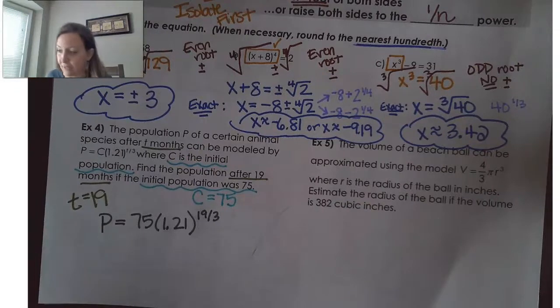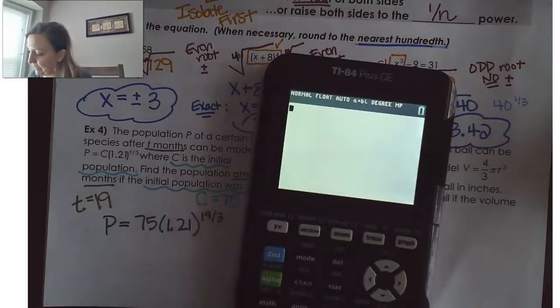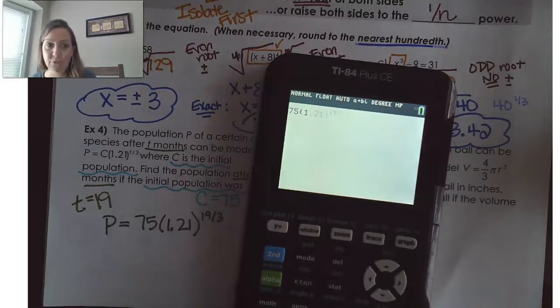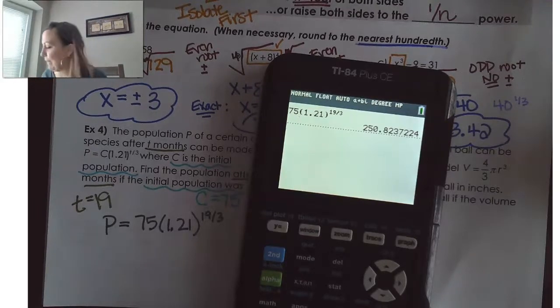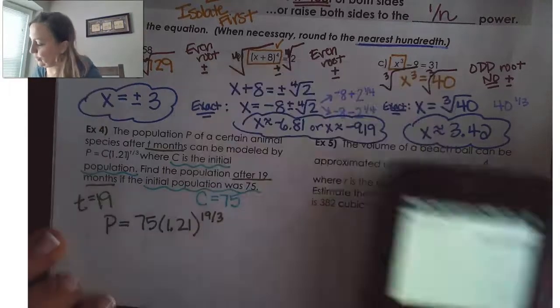So all you do is put that in your calculator, okay? Not hard. So 75 times 1.21 raised to the 19 over 3. Remember, if you have the old kind of calculators, make sure that you put 19 over 3 in parentheses. And that gives me about 250.82.